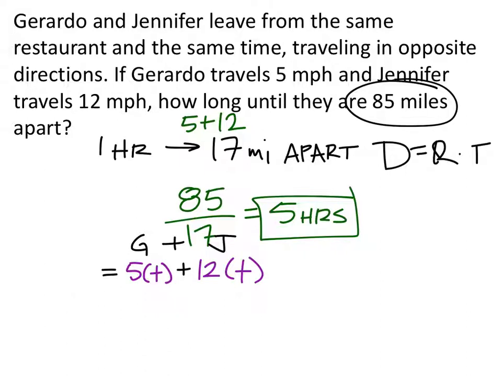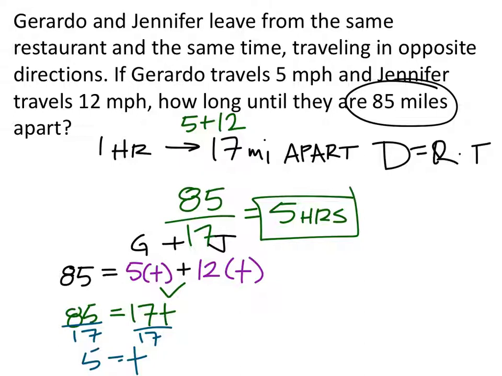And in this case, we do know the distance was 85 miles. So just combining these two like terms, we see that 17t equals 85, and then we'll just divide both sides by 17. And so the time is still 5 hours.